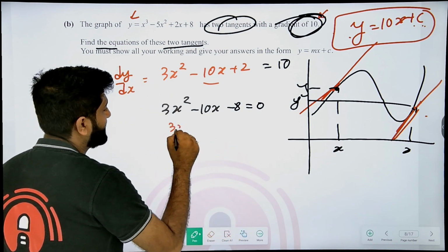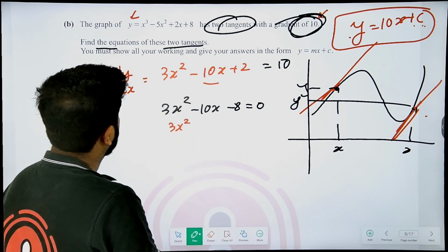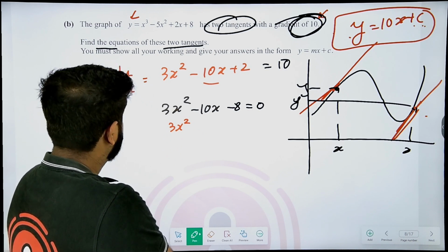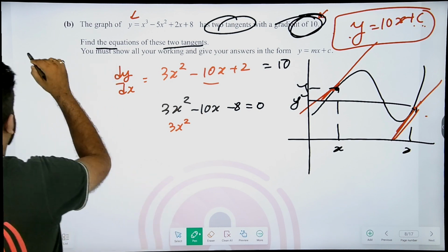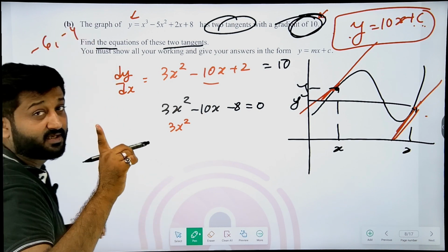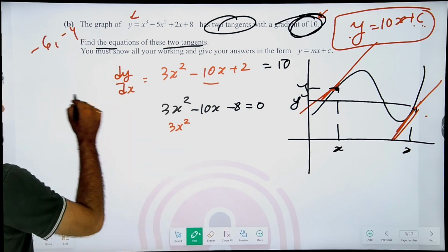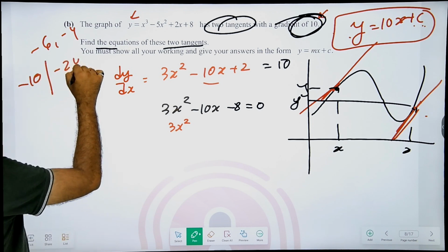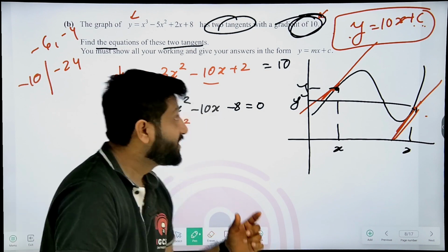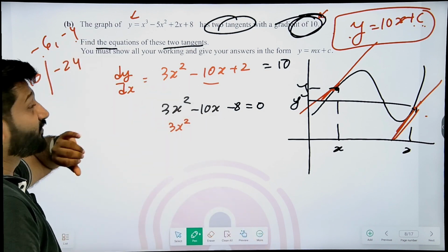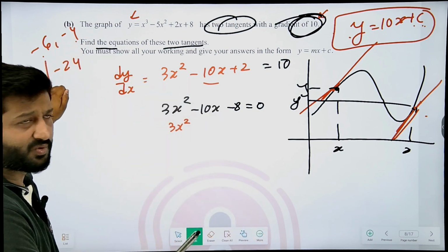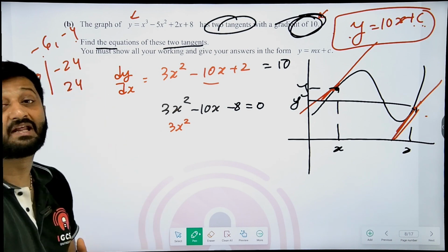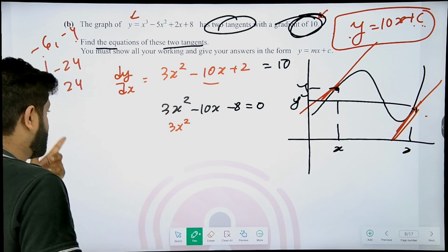Oh, sorry, not minus 6 and minus 4, that won't work. This is a mistake, because I want the addition to give me negative 10 and the multiplication to give me negative 24, right? If I take negative 6 and negative 4, I'll get negative 10, that is okay, but the multiplication would be 24, right? So that was a mistake.